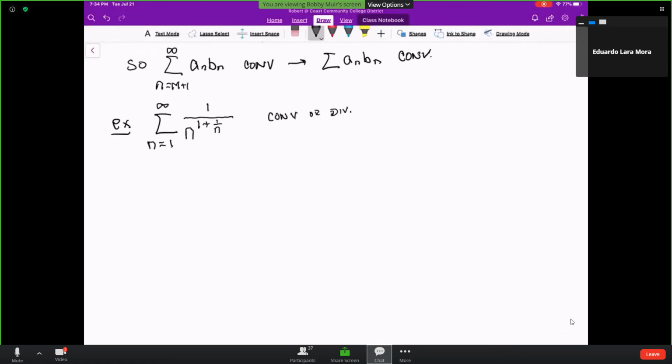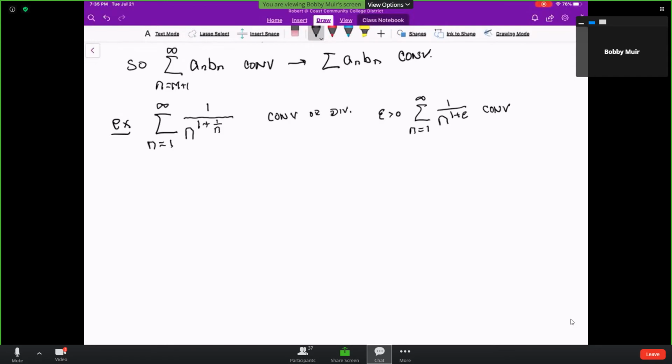Here's what we know. We know that if we had a fixed number epsilon, if epsilon is bigger than 0, this sum starting at 1 and going to infinity of 1 over n to the 1 plus epsilon converges.